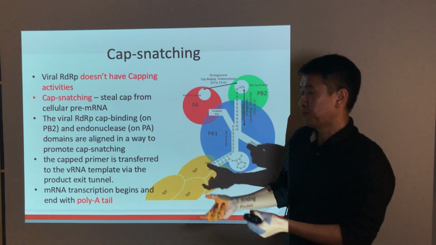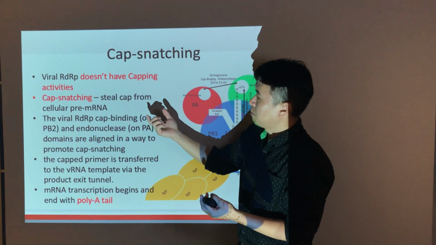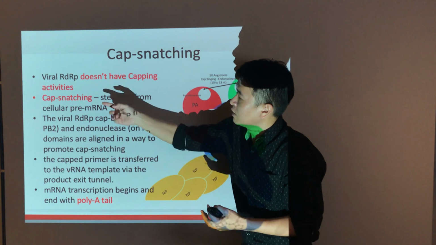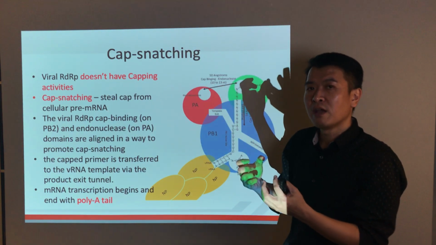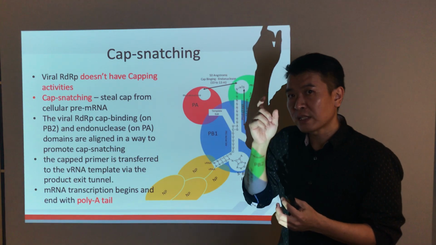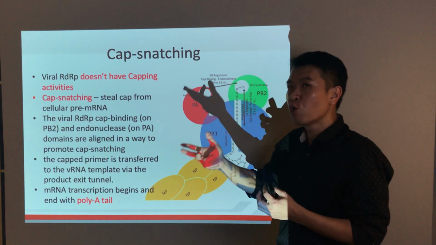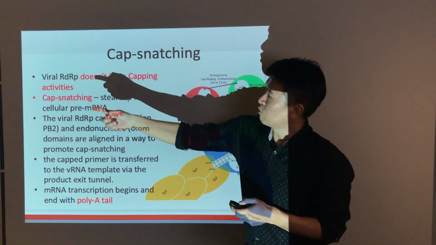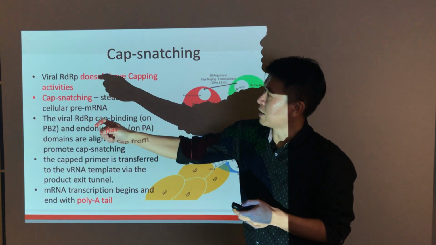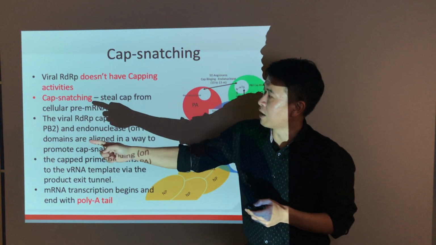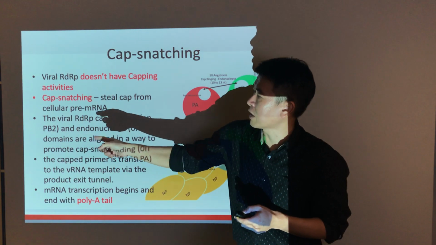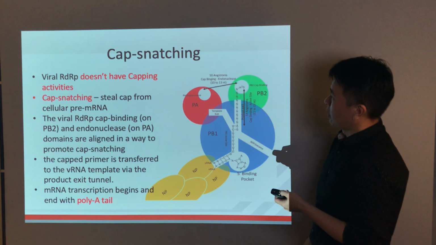Snatch, like a thief snatching a handbag. So the polymerase snatches the capped mRNA from the host mRNA. The viral RdRp, RNA-dependent RNA polymerase, doesn't have capping activity, so they have to carry out cap snatching, to steal the cap from the cellular mRNA.